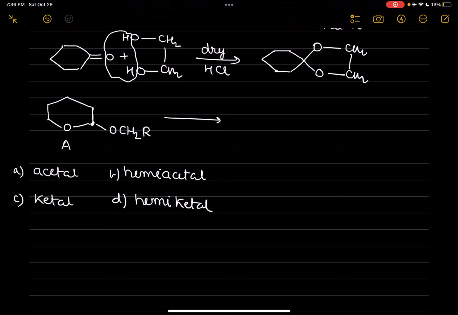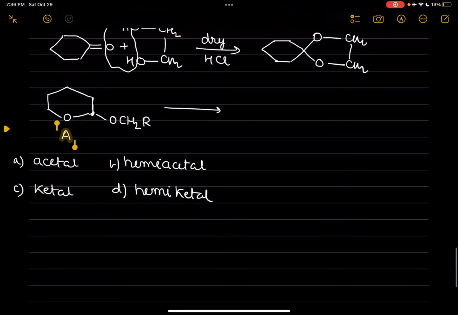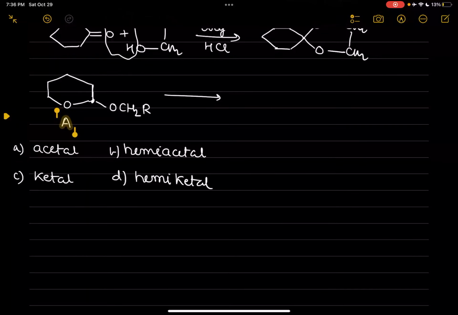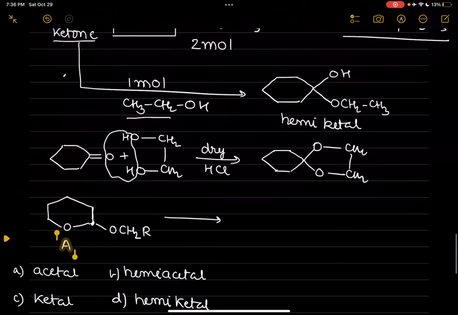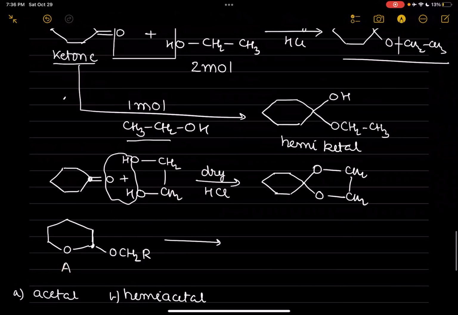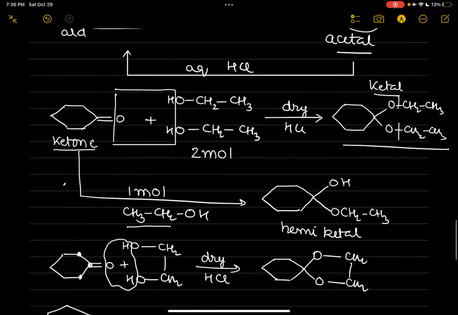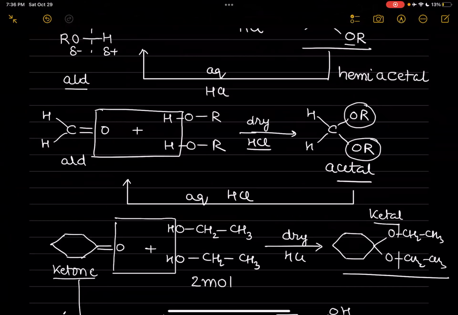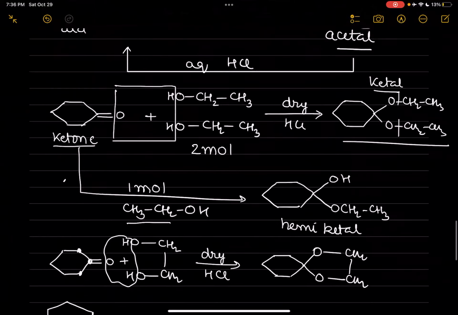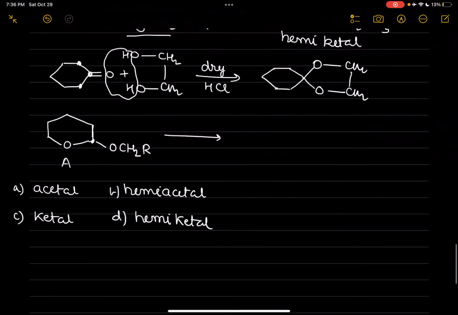In a ketone, two carbon groups are connected. In an aldehyde, at least one, or one should be hydrogen. That you know now very well.